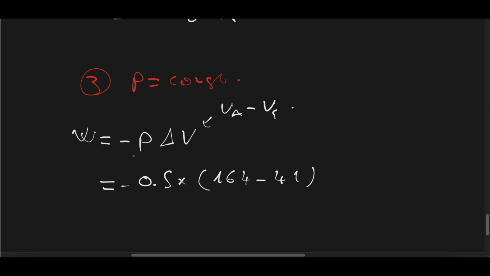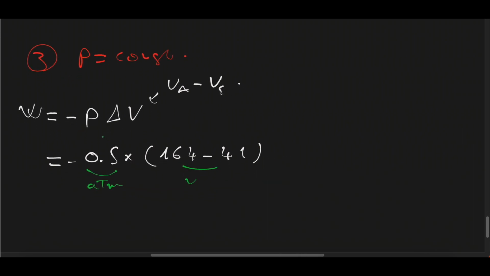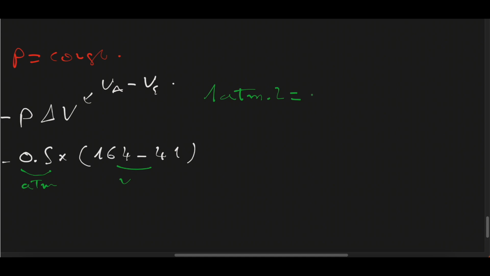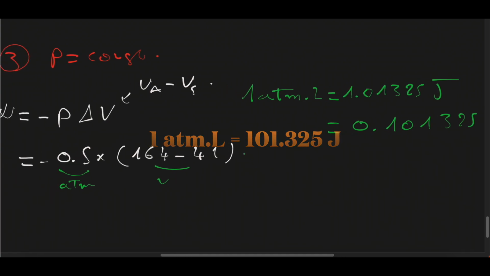But we should be careful because the pressure is in atm and the volume in liters, and we are working with units in joules, so it's better to convert to joules or kilojoules, because 1 atm liter is equal to 101.325 joules, or 0.101325 kilojoules. So we have to multiply by this conversion factor.